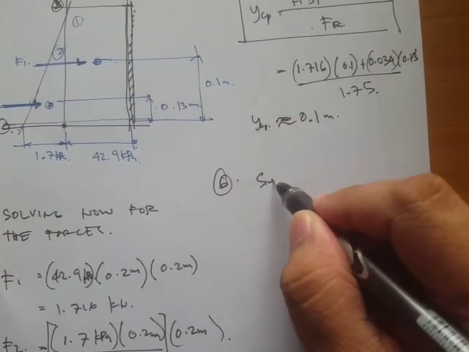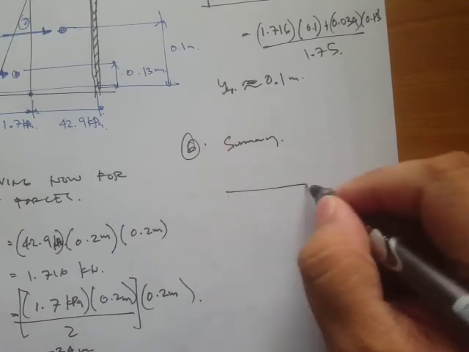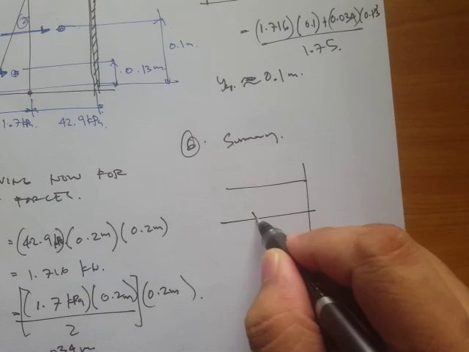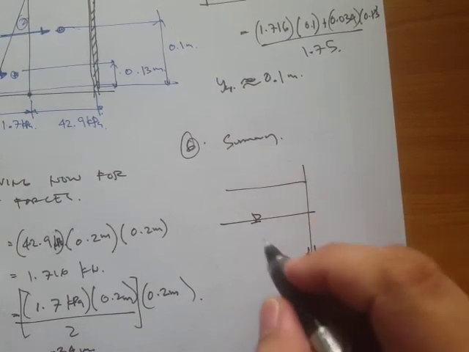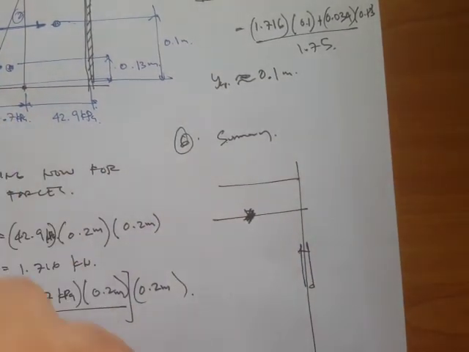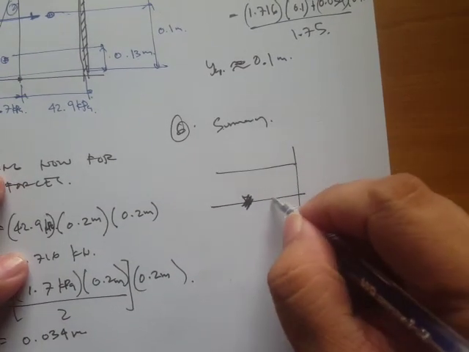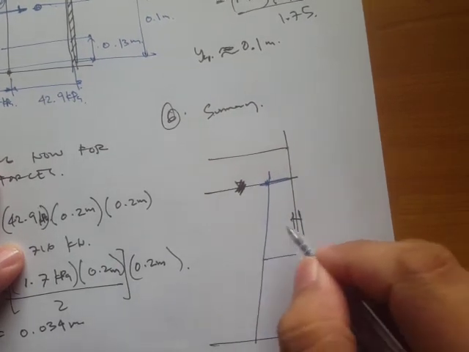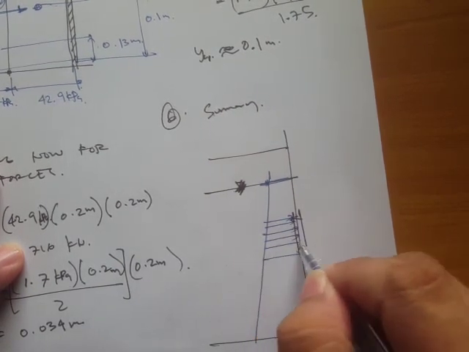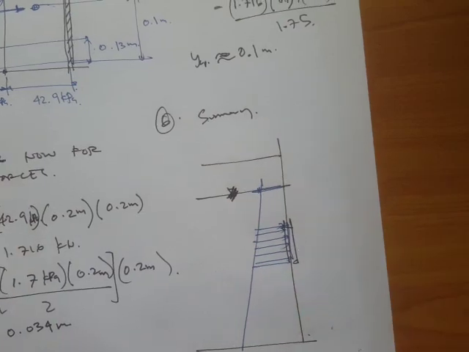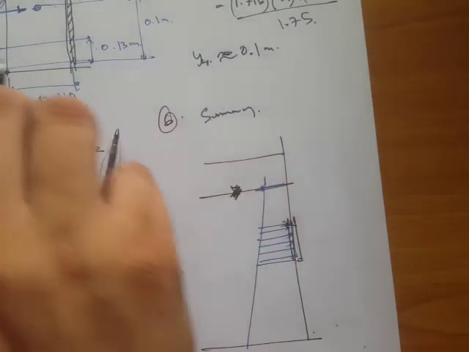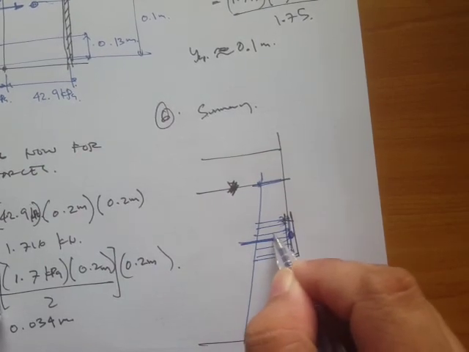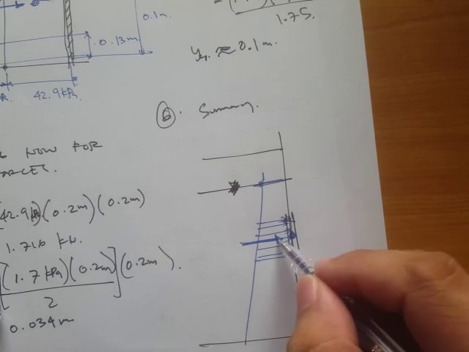Lastly, for the summary, this is our tank, this is our viewing window, and this is our level of water. Since this is at this pressure right here, at 40 kPa, this will be the pressure profile acting on the window, and the force will be somewhere like this.